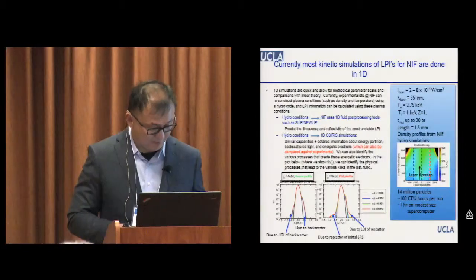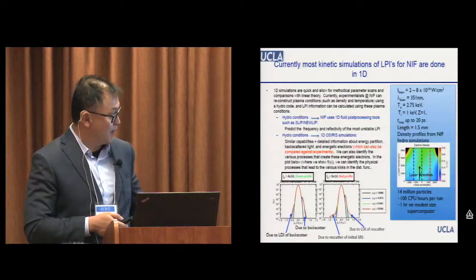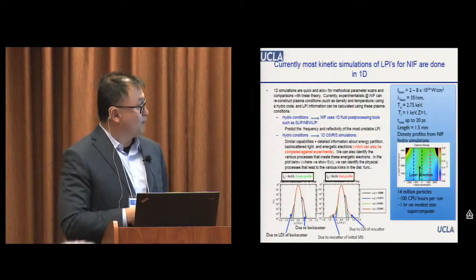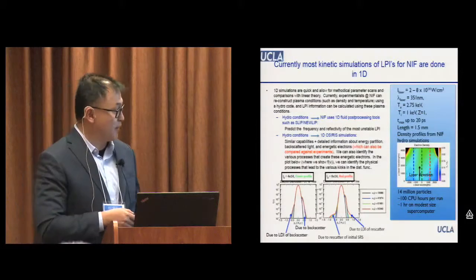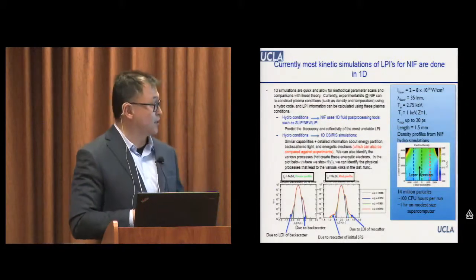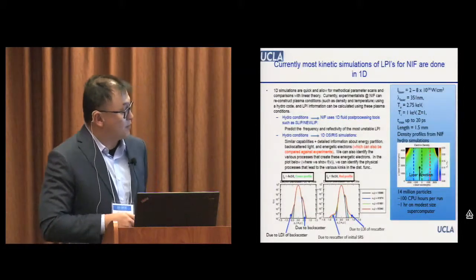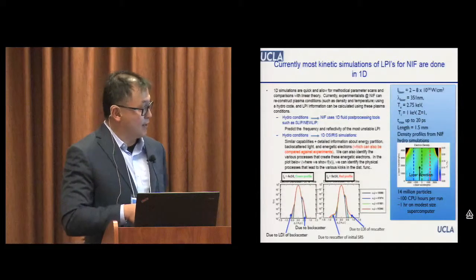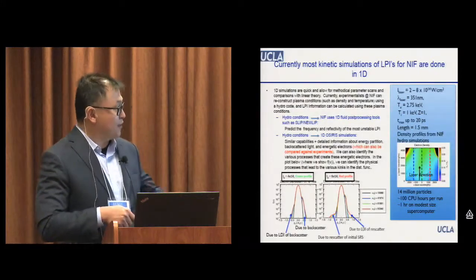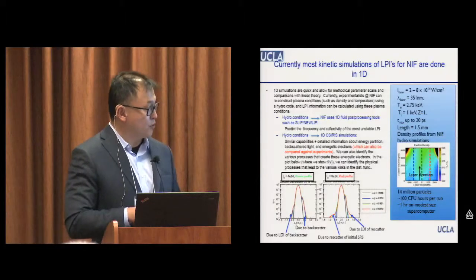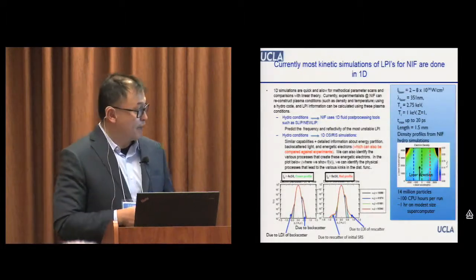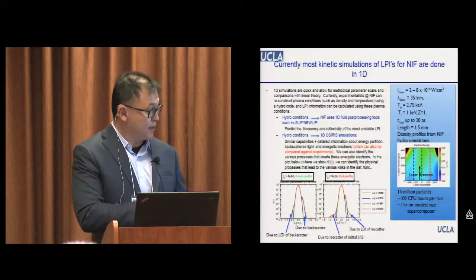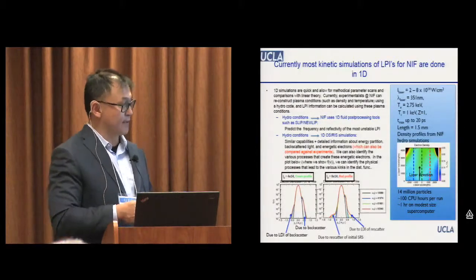So I'm going to talk about this slide a little bit. This is what's done most commonly by experimentalists in our 1D simulations. Currently, in these experiments, after the end of the experiment, people can do hydro simulations to get a rough idea of the temperature and the density profile as a function of time.